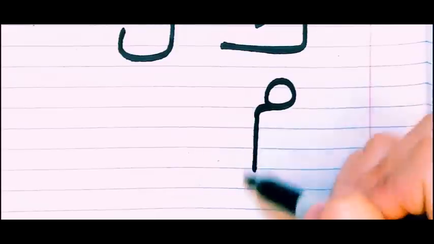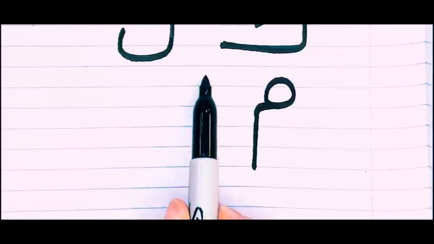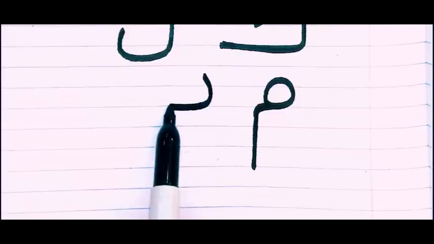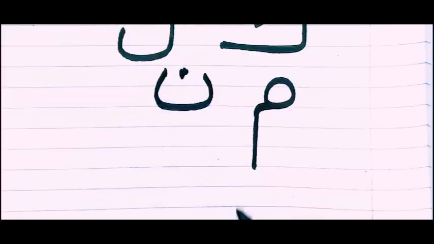And the line should be straight. Okay? Then I'm going to do noon. Watch, I'm doing the noon. Noon, a dot in the middle. Noon, only 1 dot.